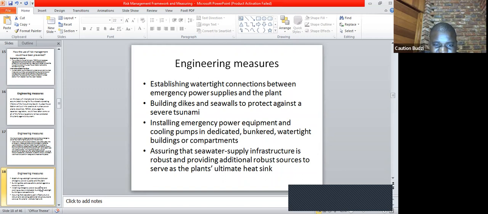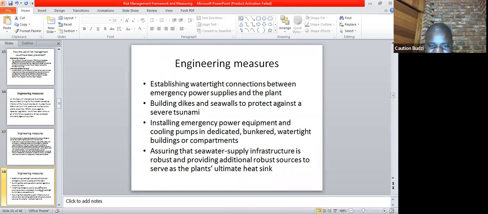Another measure was to build dikes and seawalls to protect against a severe tsunami. So they could have built some seawalls in the sea to limit the risk of tsunami. Also, they could have installed emergency power equipment and cooling pumps in dedicated bunkered watertight buildings or compartments.